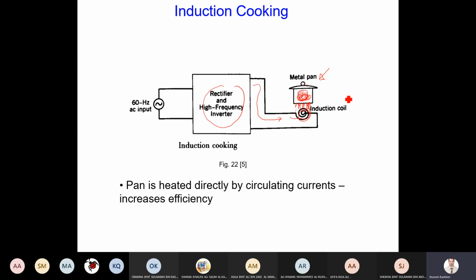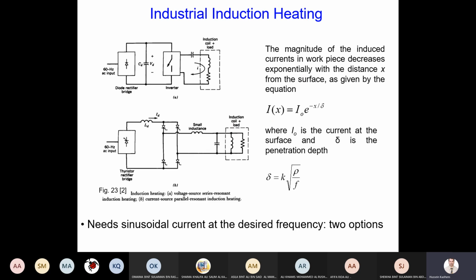This current is called eddy current, if you remember. So when it produces current in the metal, which has a resistance, what do I have? I squared R. What is I squared R? Heat. So I get the metal pan heated. Increasing or decreasing the heat depends on the distance and on the frequency.